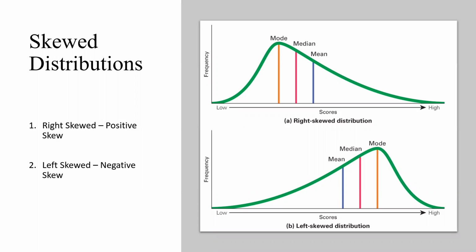If it's just slightly different from a normal distribution, the skewness will be less. If it's very highly asymmetrical and different from the perfect bell-shaped curve, the skewness will be high. So these are two types of skewed distributions: right skewed and left skewed.